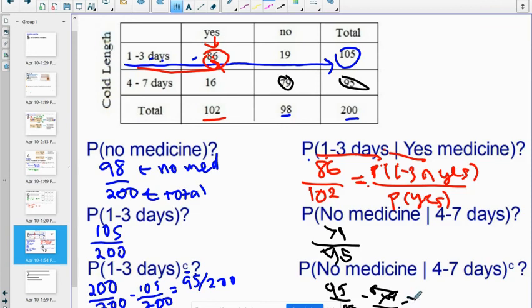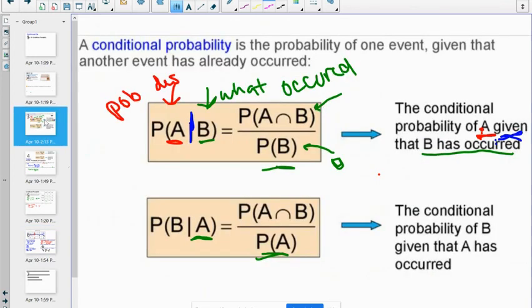That will get you 16 over 95. The only thing that's different about this specific day is learning how to read this table and interpret what this notation is saying. So the probability of A given that B has happened is the probability of A and B over the probability of B.